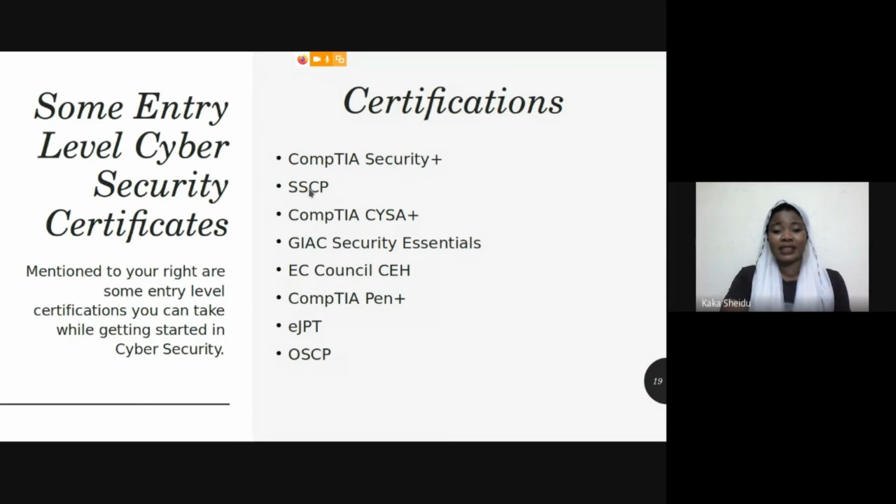We also have SSCP. SSCP is almost the same as CompTIA, but it's not as well known. I think this one is less expensive, but it's actually recognized as well.